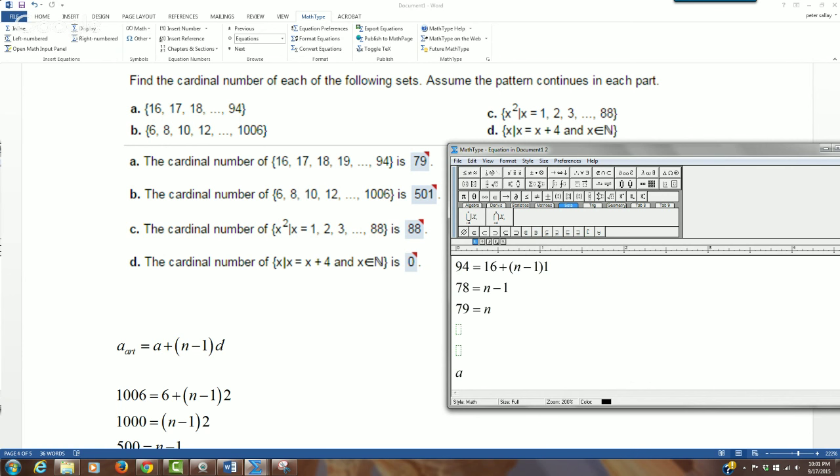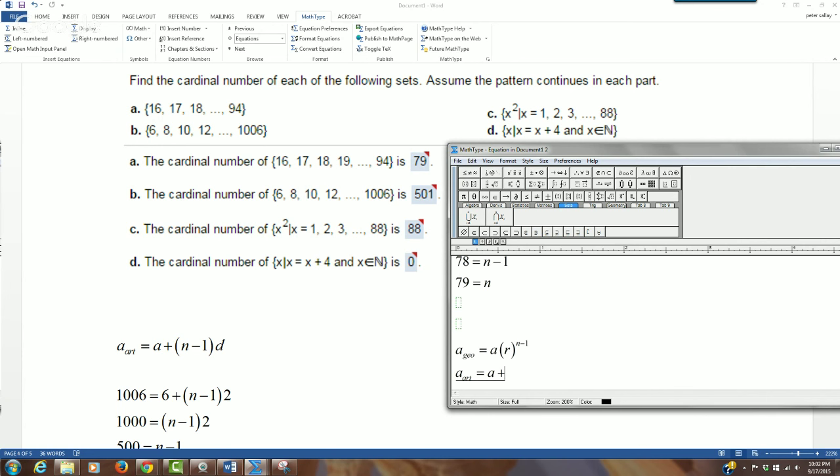The nth term for geometric is the first term times the common ratio raised to the n minus 1 power. And that does the exact same thing that the arithmetic one does, but it's for geometric sequences.